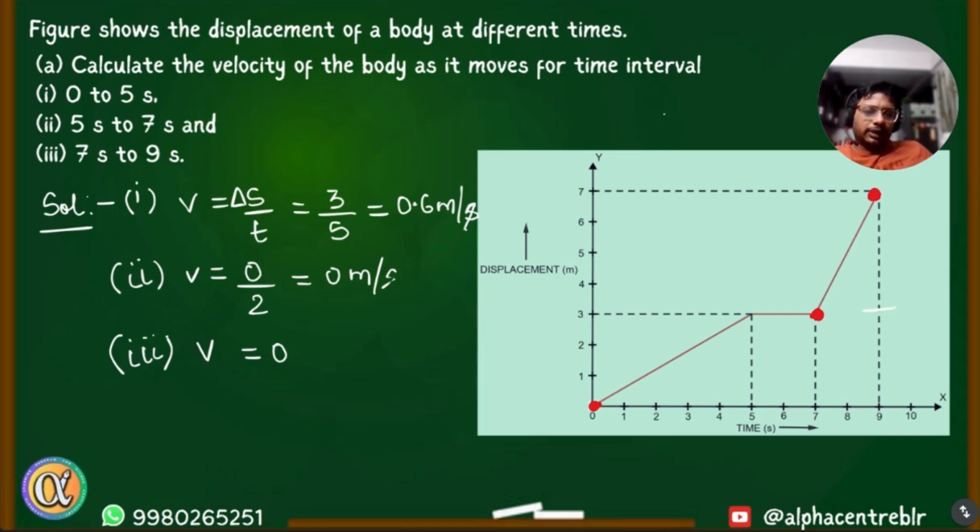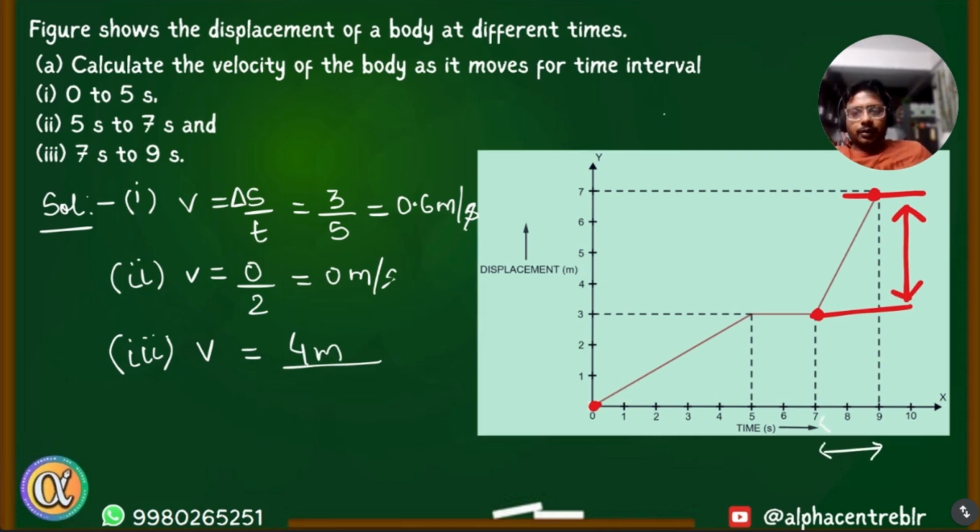It goes from 3 to 7, right? So what's the displacement? 4. 4 meters. Okay, I got it. And in how many seconds? 7 to 9. 2 seconds. So this is 2 meter per second. Clear? Yes, sir.